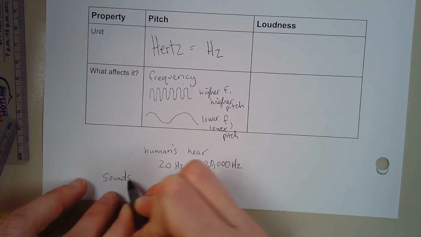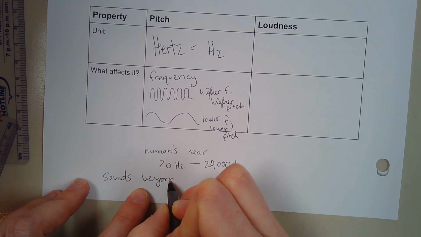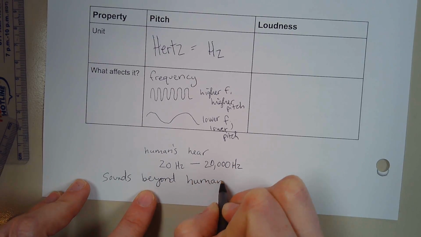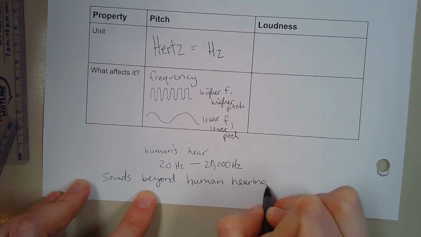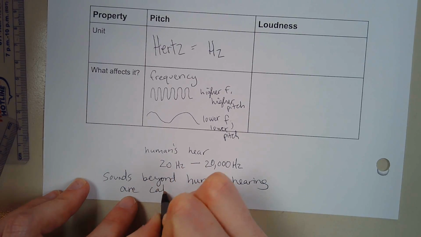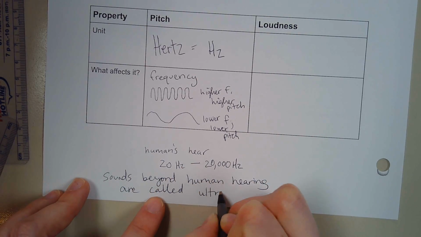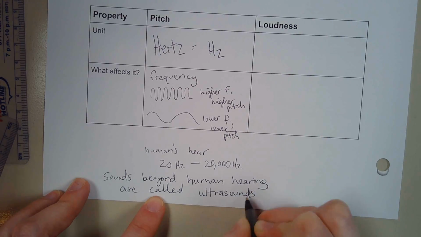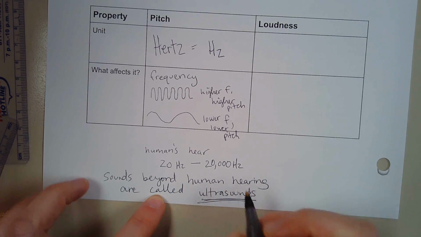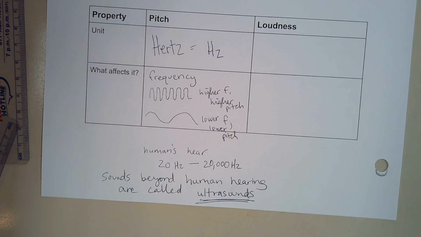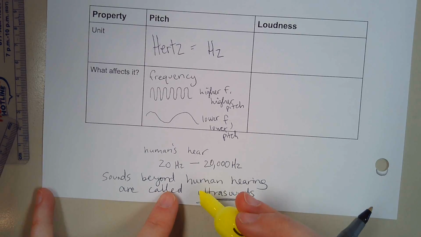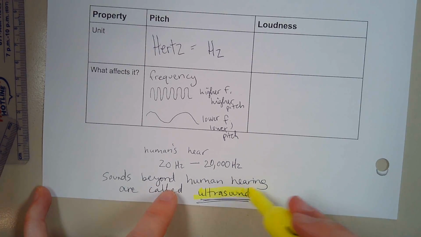Sounds beyond human hearing are called ultrasounds. And this is important. And so if you've heard of an ultrasound, maybe you think of a baby. Whenever somebody's pregnant, you go and you get an ultrasound.